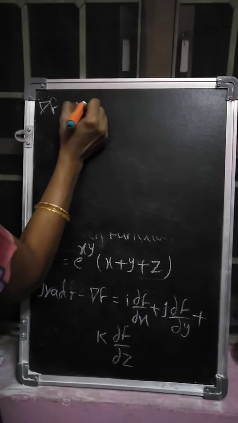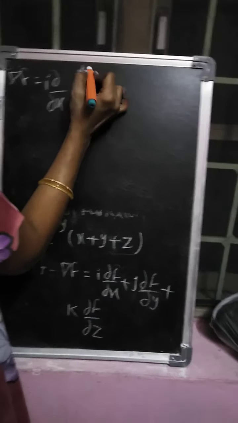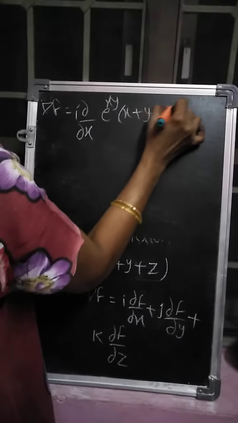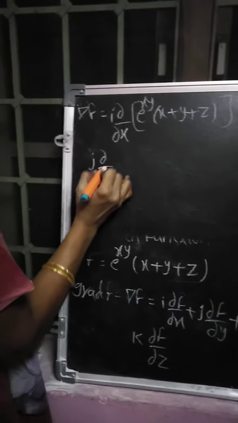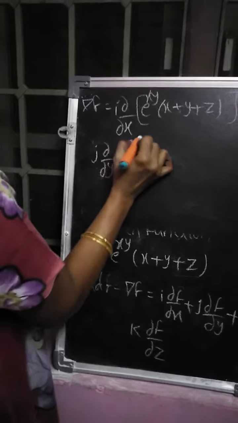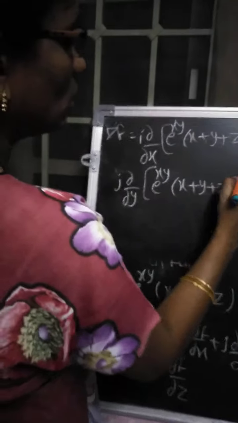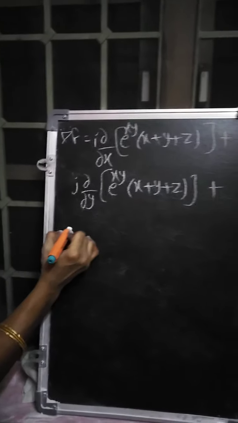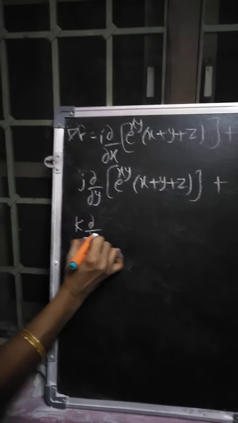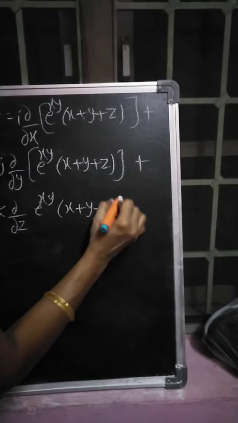So grad f is equal to i dou by dou x of e power xy into (x plus y plus z), plus j dou by dou y of e power xy into (x plus y plus z), plus k into dou by dou z of e power xy into (x plus y plus z).